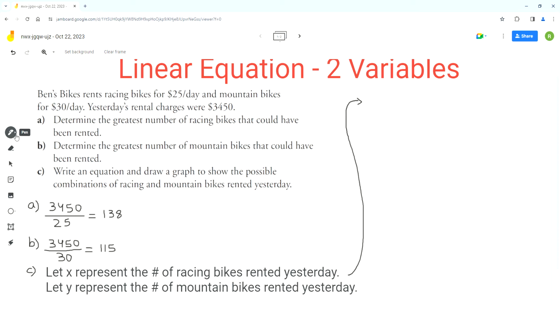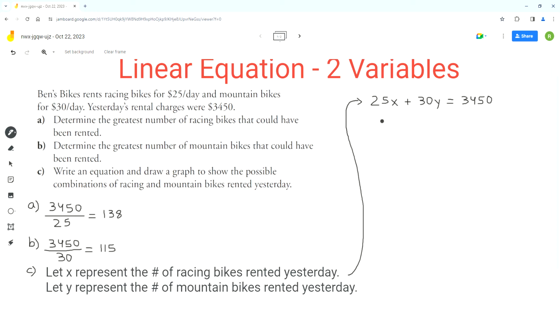Now if we rent x number of racing bikes, the total amount of money collected from the racing bikes will be 25x, because 25 is the money earned from renting one racing bike, plus the total amount of money from mountain bikes will be 30y, and the sum of these two values should be equal to $3,450. So that's the equation that can be used to show the possible combinations of racing and mountain bikes rented yesterday.